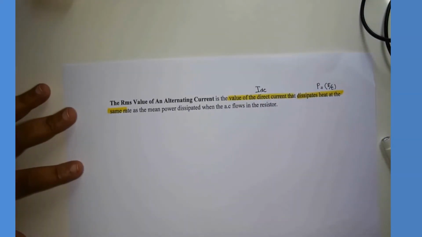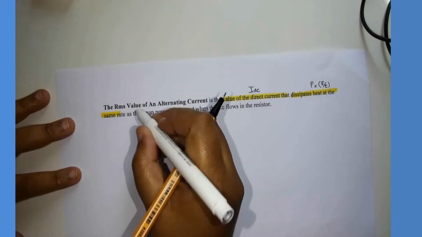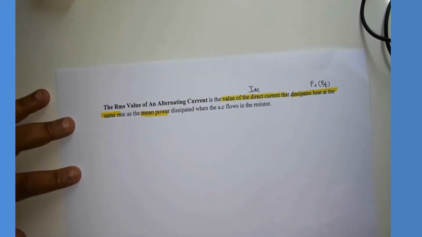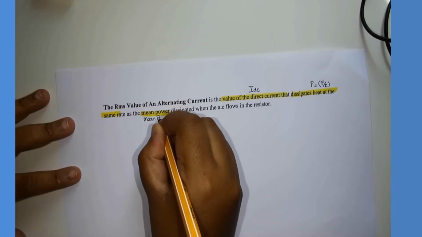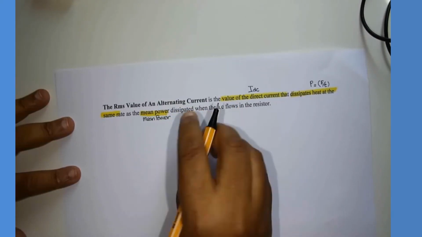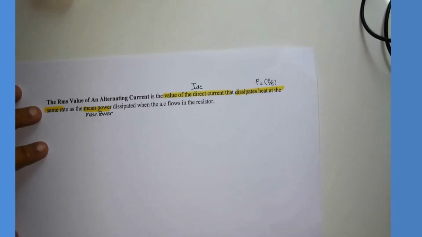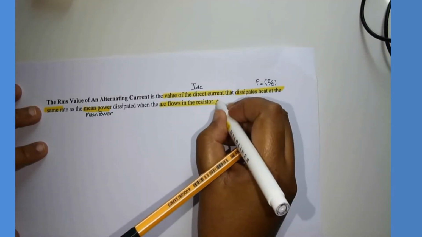At the same rate as the mean power dissipated when the AC flows in the resistor.